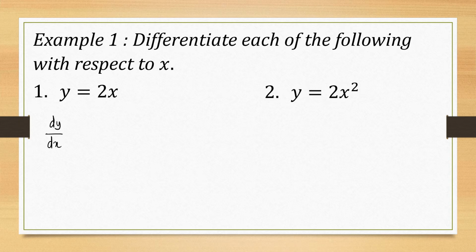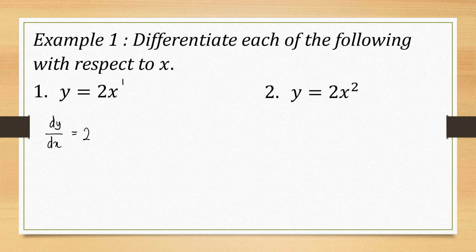Step one, power bring in front, so in this case x power of 1. The question doesn't write x to the power of 1, it just leaves x. So you have to know that x equals x power of 1. So 1 multiplied by 2, you will get 2. X power decreases by 1, so 1 minus 1 equals 0.